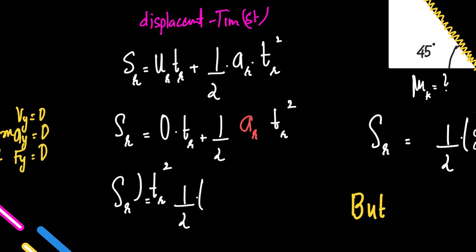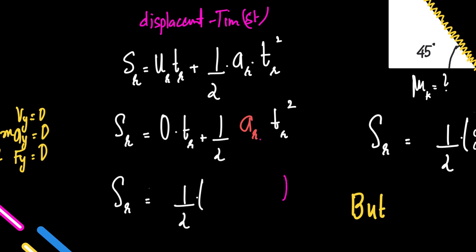Simple, right? So now we have s_R is equal to, since it is from rest, u_R is equal to 0. So that term is completely eliminated. So we have displacement along the rough plane is equal to half into acceleration along rough into t_R square, right?